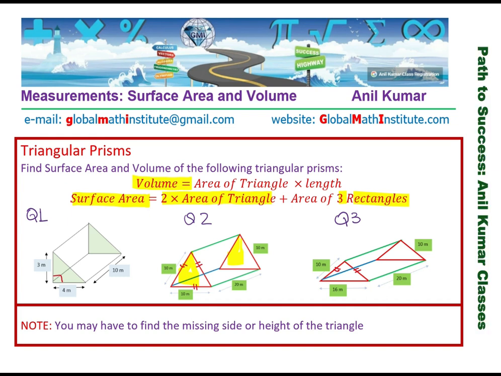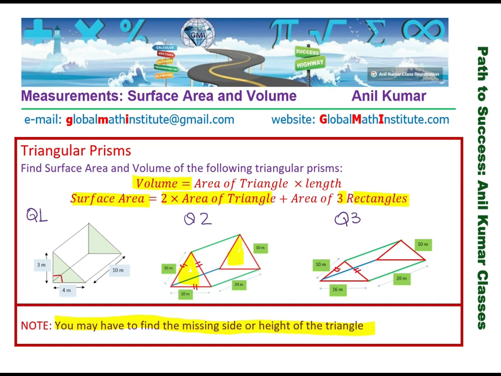But if it is something else, all three may be different. You get the idea, right? Now, the problems are not very straightforward, as you will notice that some information is missing, which you need to find out. So, most of the time, you may have to find the missing side or the height of the triangle, to be precise.